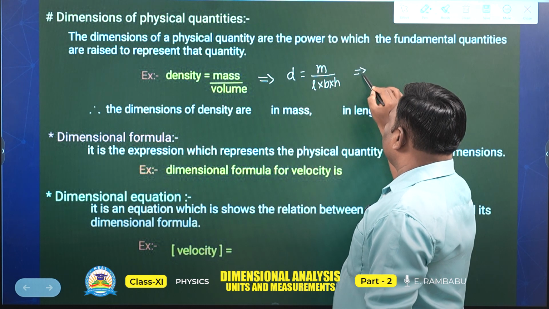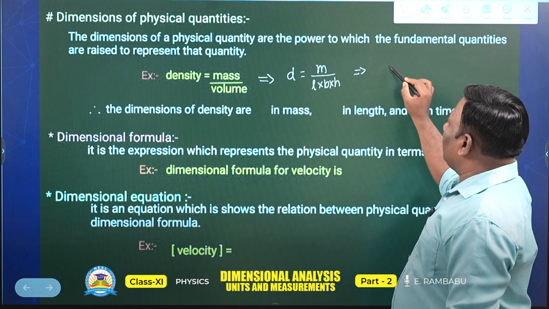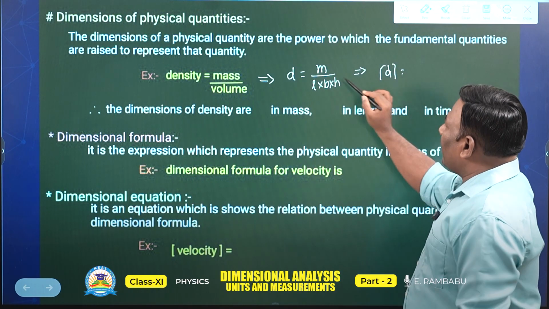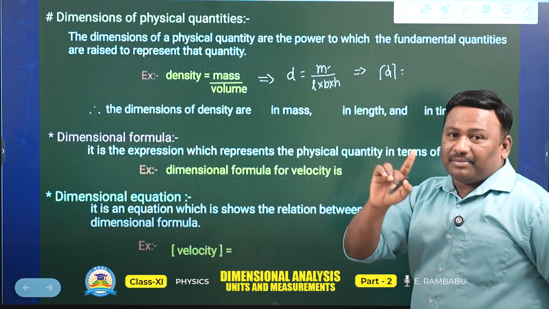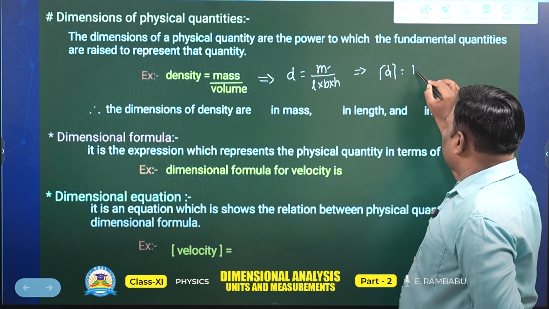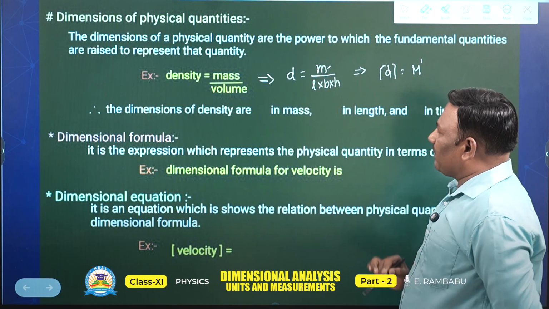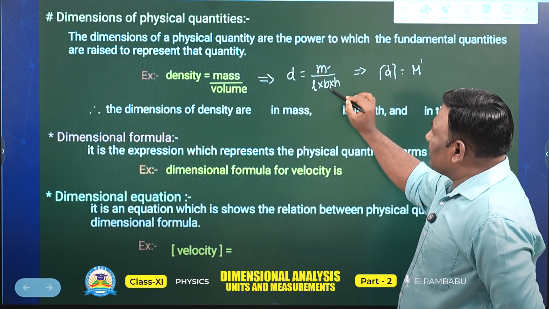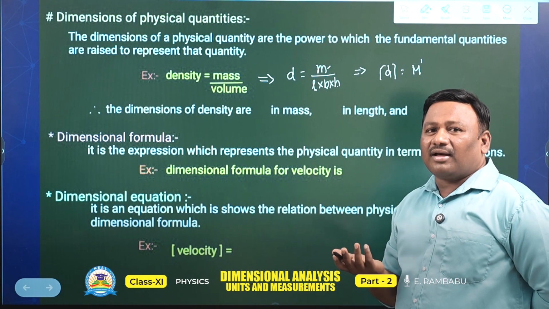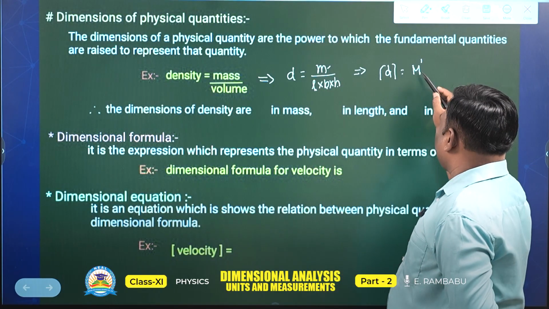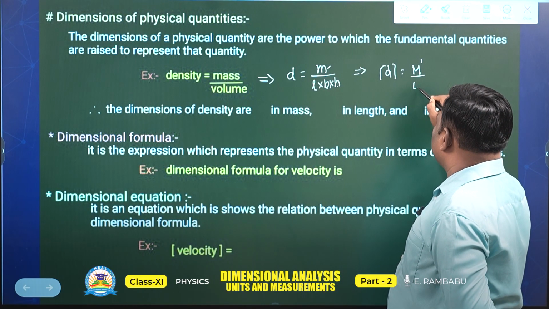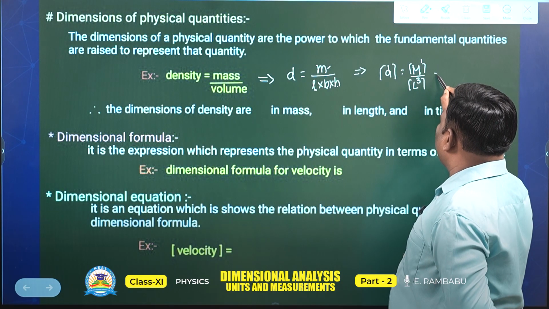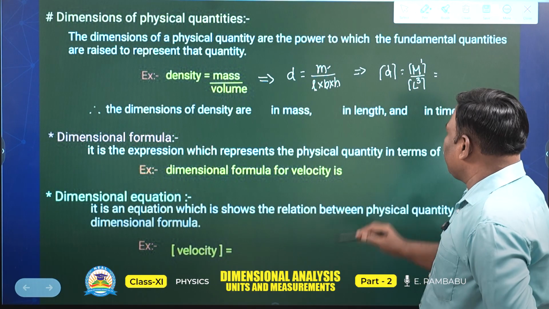So the dimensional formula for density is written as: I am using mass one time here, so that is M to the power 1. And I am going to consider the length, breadth and height. All are representing length, so I am using length 3 times. Mass is used one time and length is used 3 times.